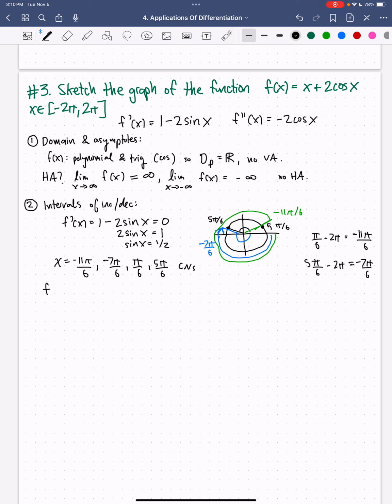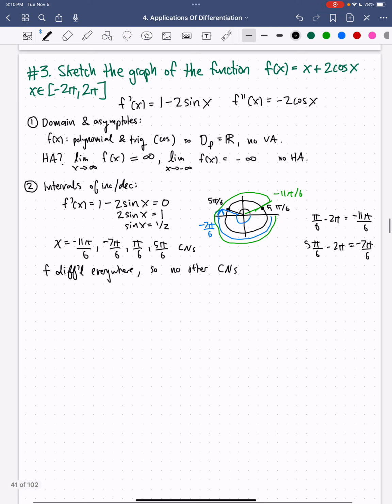And because f is just x plus 2 cos x, f is differentiable everywhere. So no other critical numbers here. All right, let's make our table then. So this is sign analysis on the derivative.